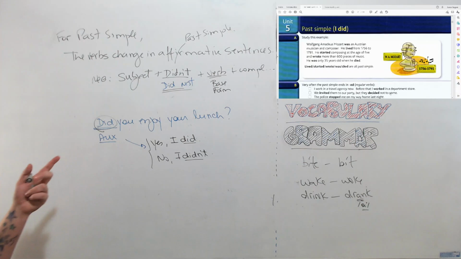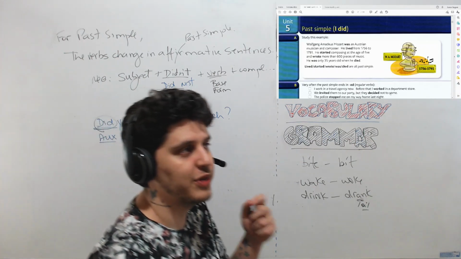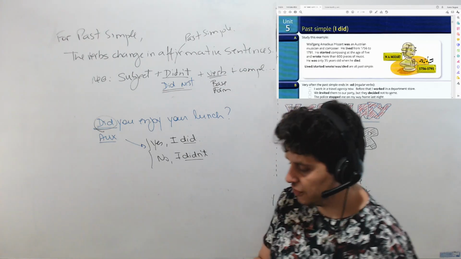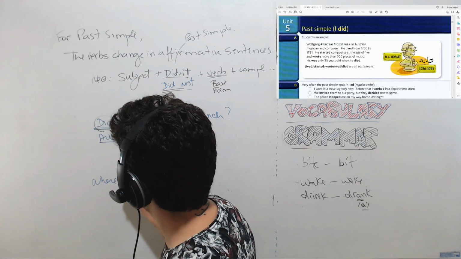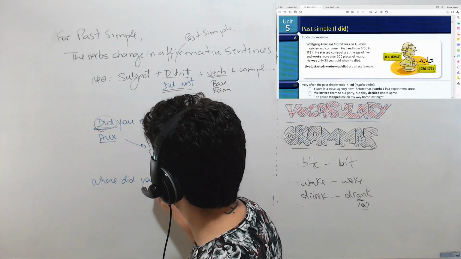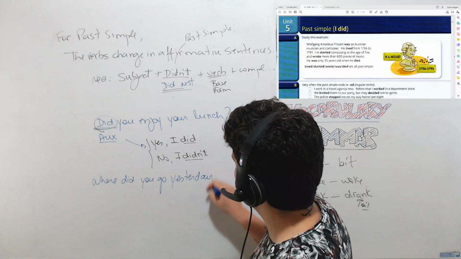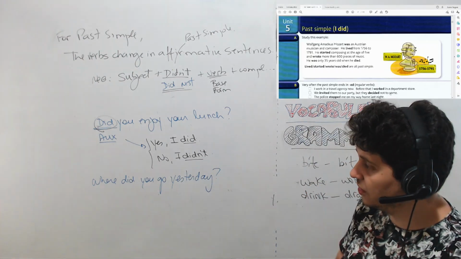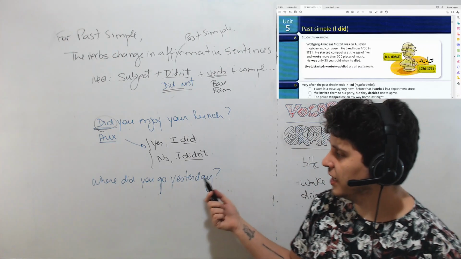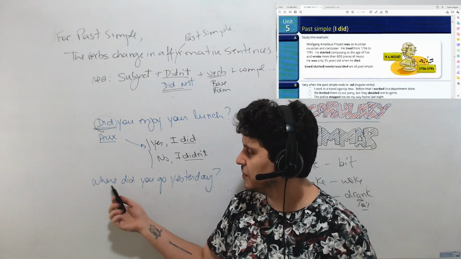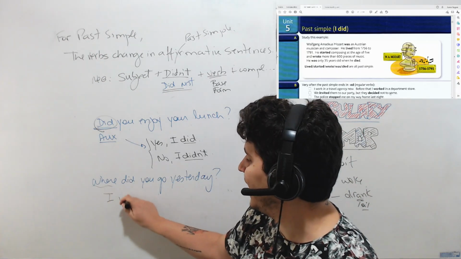But we can as well make questions that will demand some more precise pieces of information. For example, where did you go yesterday? Oh, in this case it's not possible to say yes I did or no I didn't, because I need to give some specific information over here. And then you could say I went.